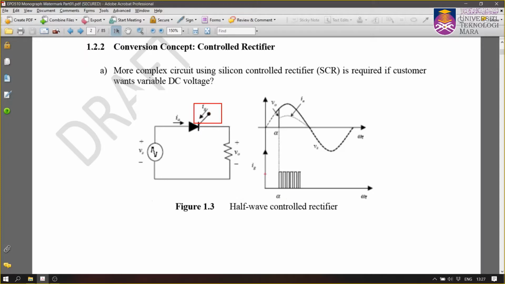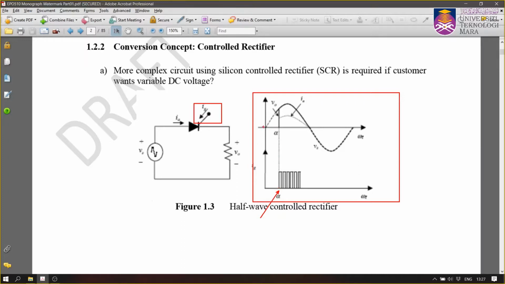Okay, so for example, in this waveform, look at that. This is the gate signal, correct? And alpha is the firing angle when you start to fire the thyristor. Right? So until that point, you start to trigger the thyristor.